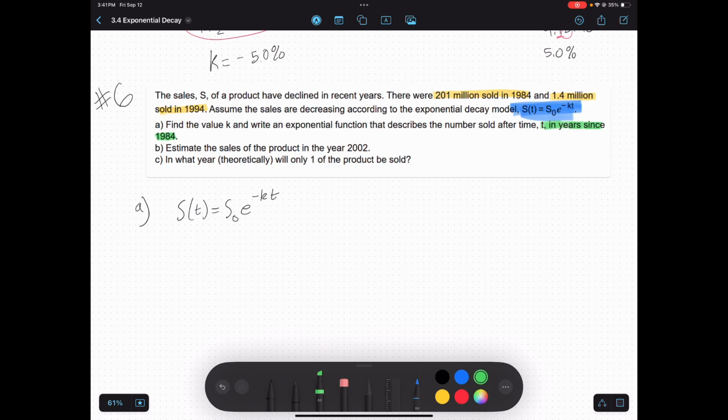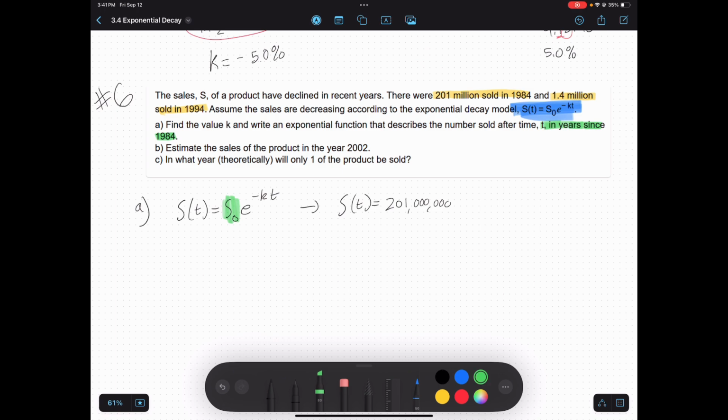That's my starting point. In that case, what is S naught? S naught is going to be my starting value, what I'm actually starting at. So S naught is that 201 million. And a couple of different ways you can go about this. You can create your equation in terms of millions, or you can convert everything. I can add on the extra 6 zeros if I wanted, and then it's in terms of just regular amounts.